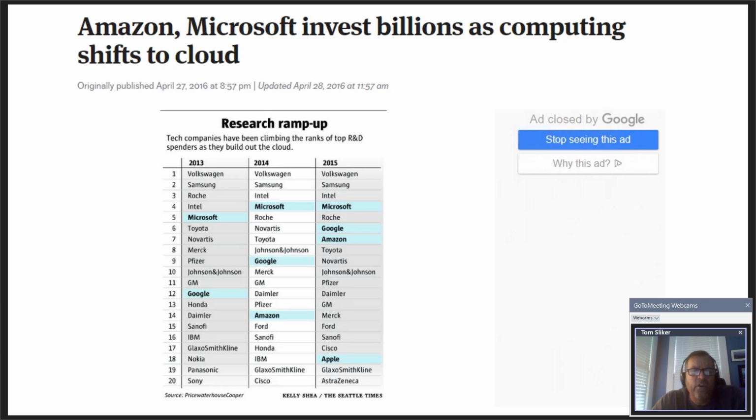In the old days, when we were building websites 15 or 20 years ago, there were things that we had to build for ourselves that are now built into the plan.